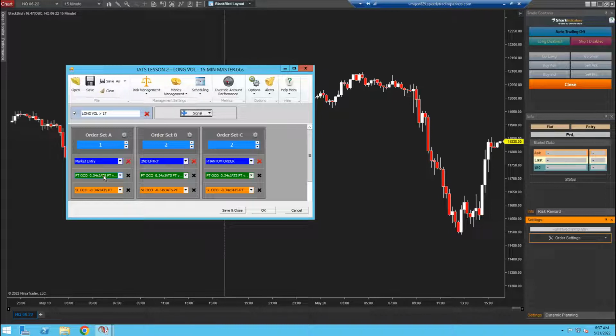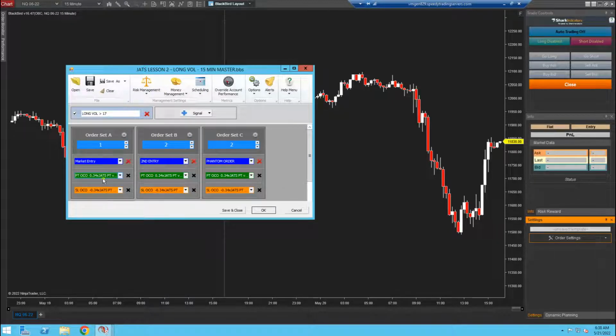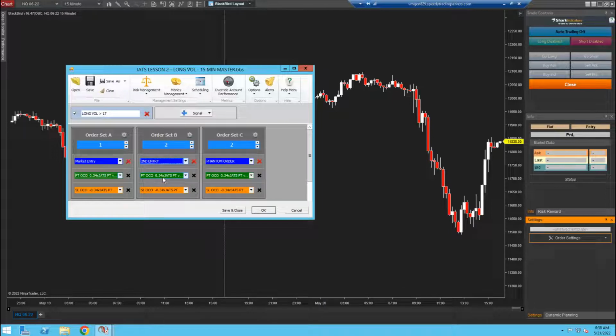Basically we're just taking a small percentage, low-hanging fruit, of a 15-minute time series, and if the trade is successful, then a second order can be entered if that first profit target was filled, to go to the first standard deviation of that 14-day range.